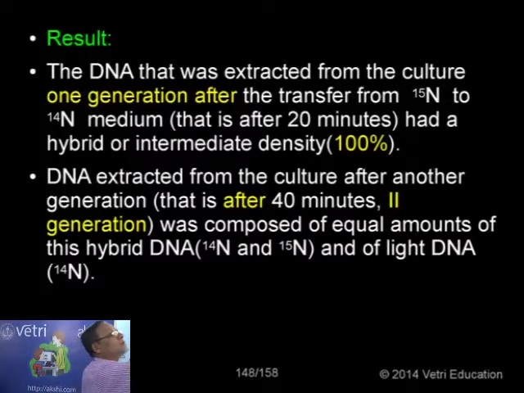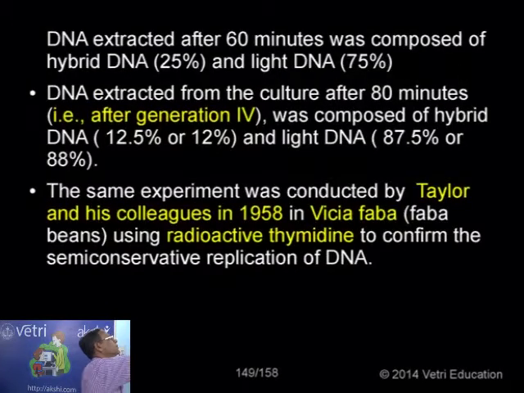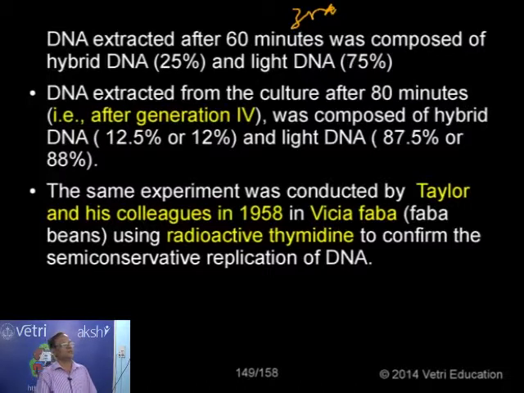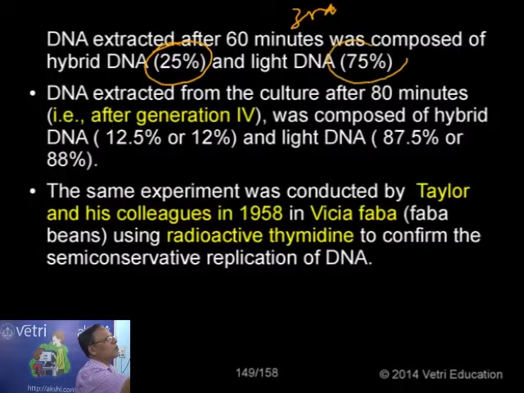Then in the third generation, the DNA extracted after 60 minutes, at the end of the third generation, we have received, as the example I mentioned, 8 DNA molecules. Out of these 8, 2 of them are hybrid, equal to 25%. The remaining 6 are the pure or light DNA with N14, constituting 75%.